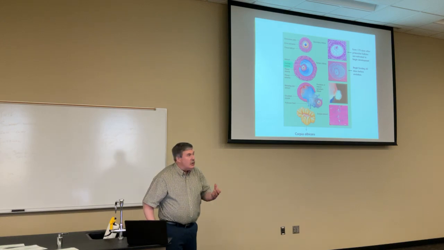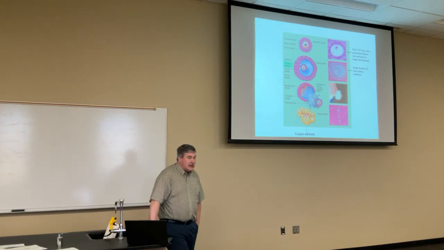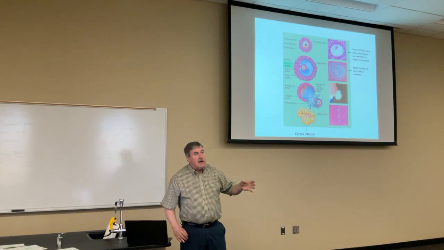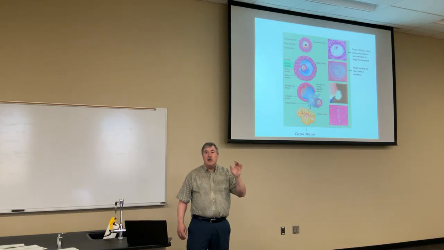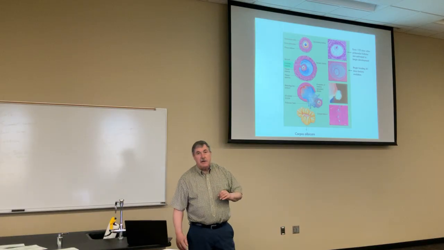Now, there's also another structure that can be seen inside the ovary. I haven't mentioned it yet. I don't think I mentioned this in lab either. As I said, ordinarily every cycle only one follicle matures and releases an oocyte.